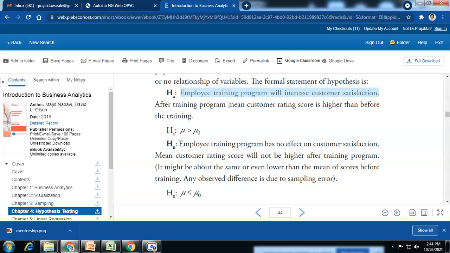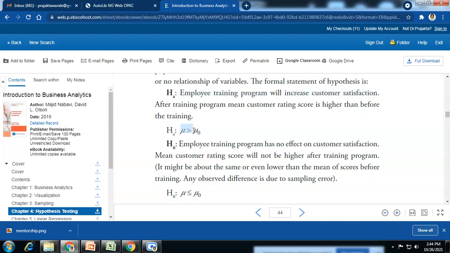After the training program, the mean customer rating score should be higher. Suppose you are collecting the data on a scale of 1 to 5, where 5 is highly satisfied. After the training program you should get a high customer rating, which will prove that your employee training is effective and increases customer satisfaction.